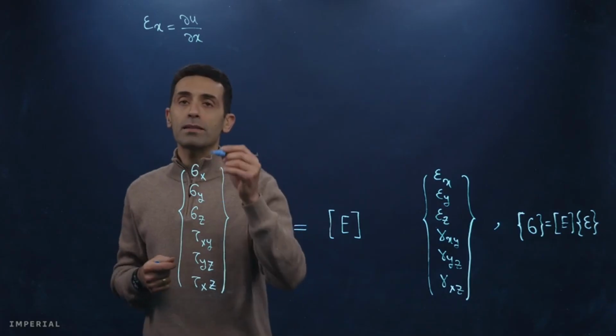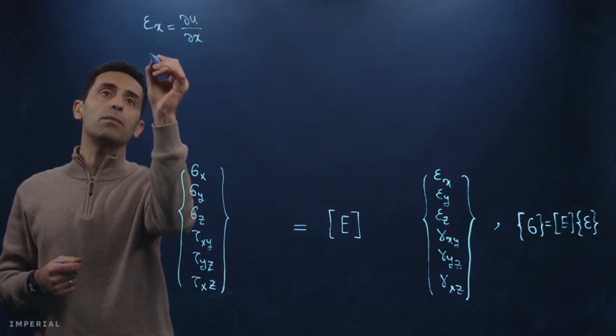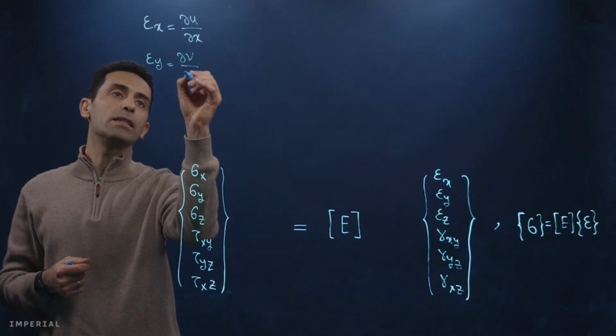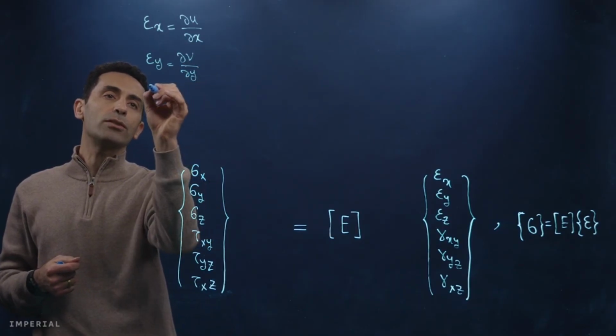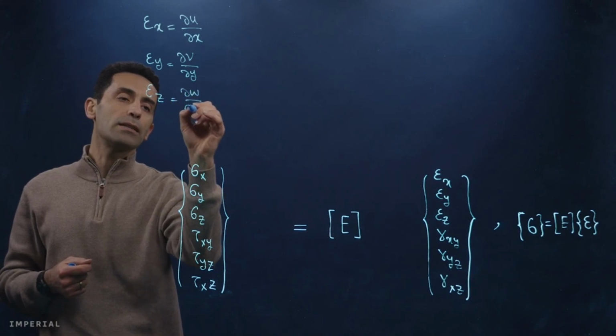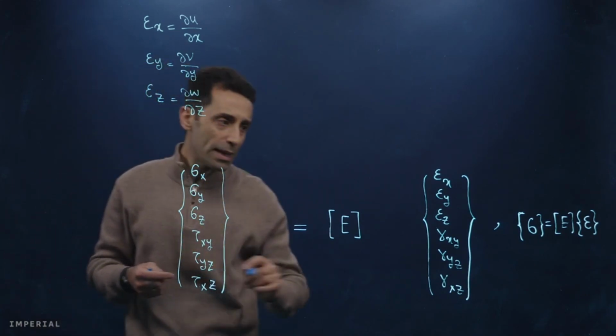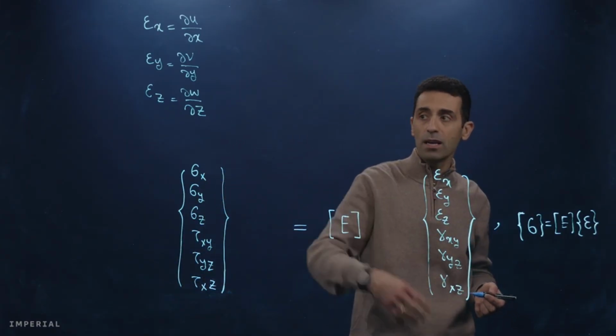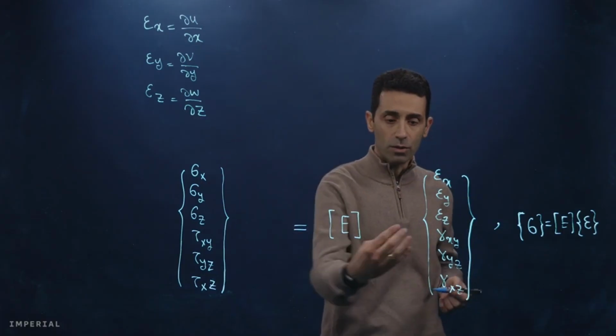Similarly, epsilon y is dv dy, and you can imagine epsilon z is dw dz. Okay, and similarly for the shear strains, we can use derivatives to find them.